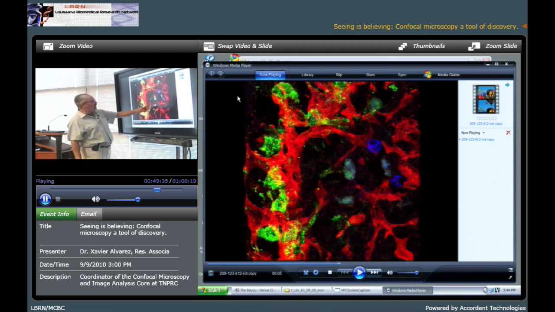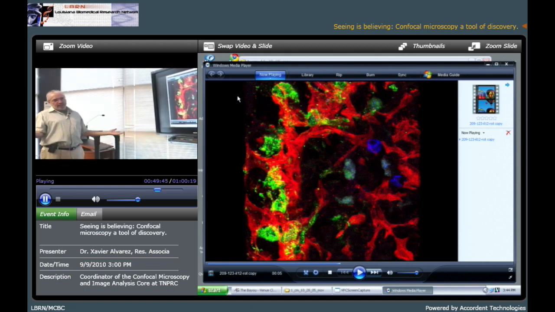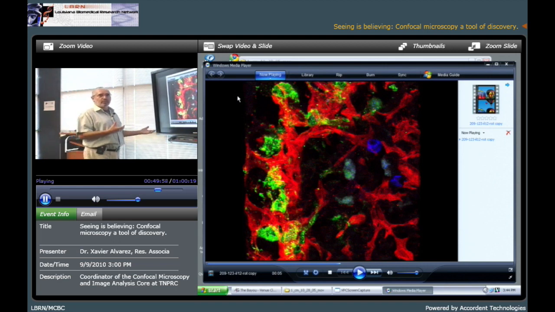The funny thing is that the ones producing IL-6 and IL-12 are passing. This is just an example of a confocal. There is room for doing these things for years. I think that is a very exciting part. I like it a lot because I see the pictures, and then you can figure out whatever is happening.